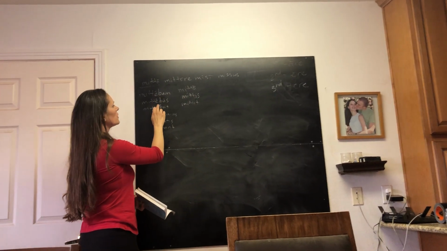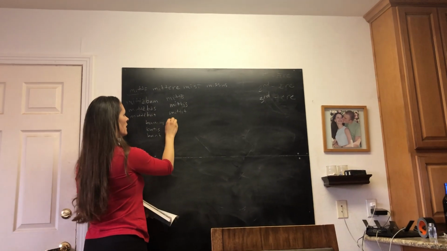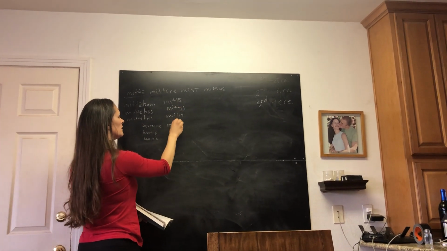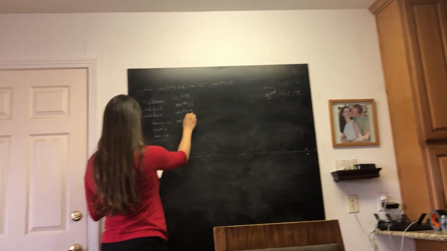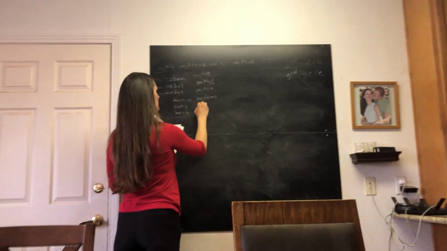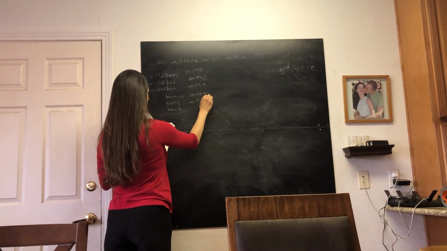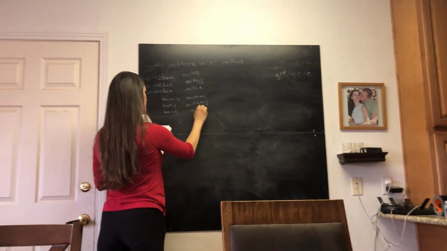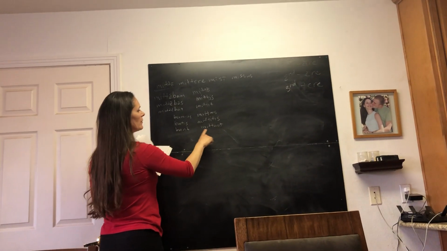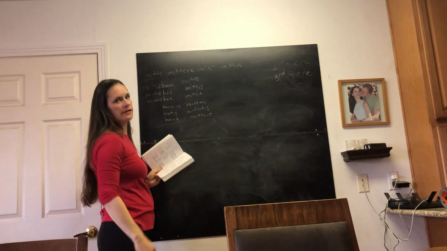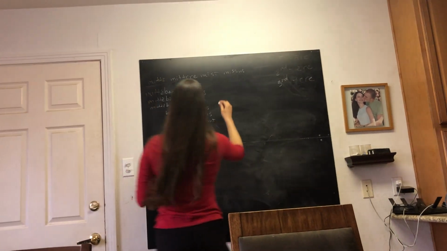Here it goes to a strong E, a long E, and here it's going to an I. So mitto, mittis, mittit, mittimus, mittitis, mittunt. So they send, they do send, they are sending. Present tense.